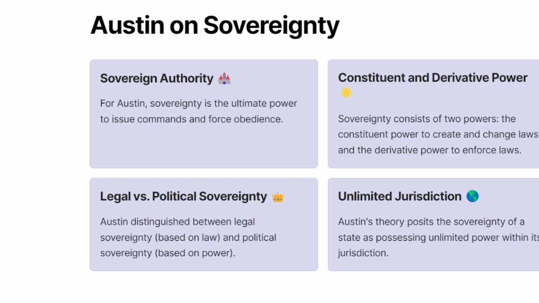Austin on sovereignty. Austin defines the sovereign or the superior in a state thus: if a determinate superior human, not in the habit of obedience to a superior, receives habitual obedience from the bulk of a given society, that determinate superior is sovereign in that society, and the society is politically independent.